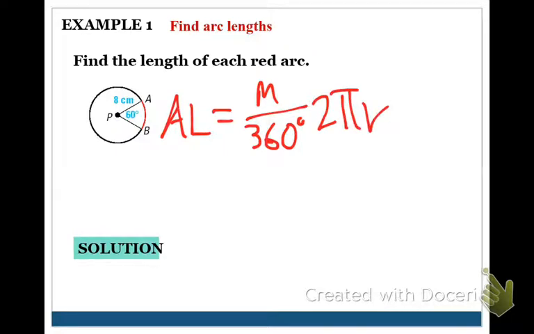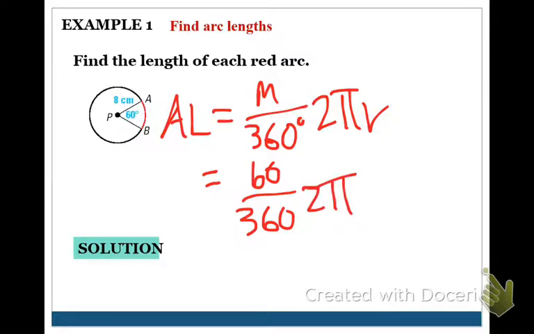We plug in, we get 60 over 360 times 2 pi 8. And then you do the math. All right?